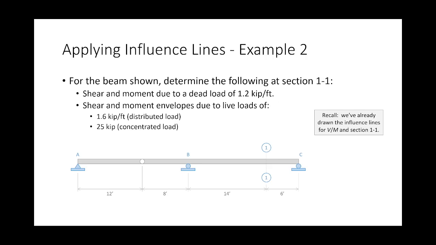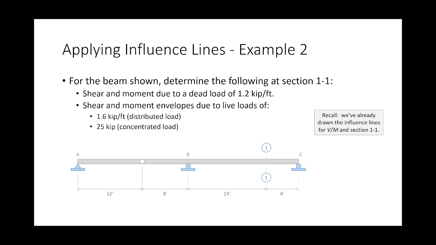Okay, let's look at this beam. Before we dive in, we have already looked at this beam. We have already drawn influence lines for this beam, so we're just going to use them. We drew the influence lines for the shear and moment right here a couple lectures ago.